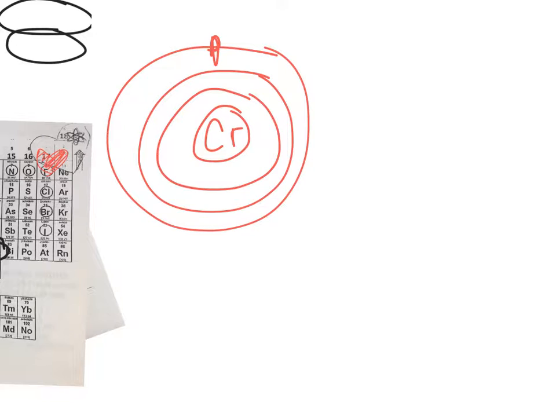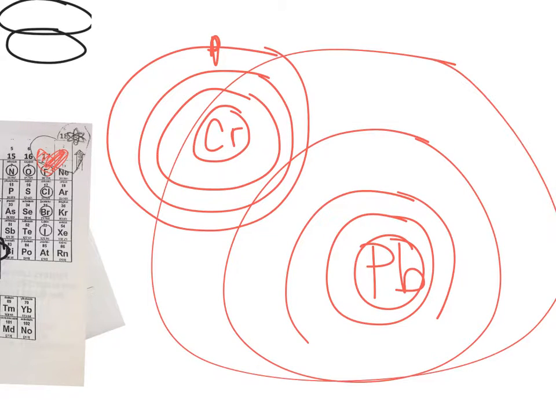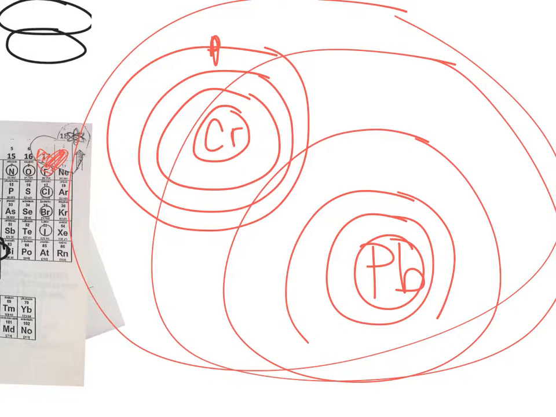We're just going to go with a general idea. Do we all understand that chromium is actually on the third energy level? Yes. Don't forget that. Okay, lead. Let's go with the general idea here. What row does it go on? 6, right? So 1, 2, 3, 4, 5, 6.